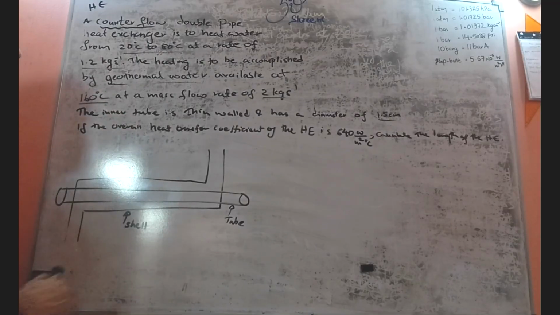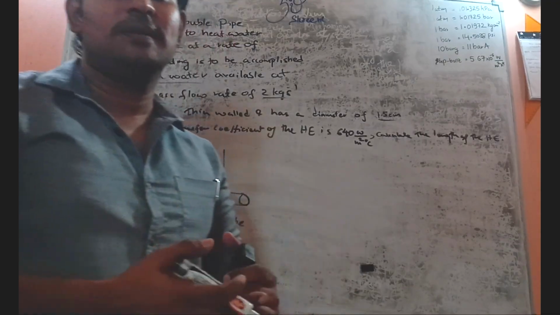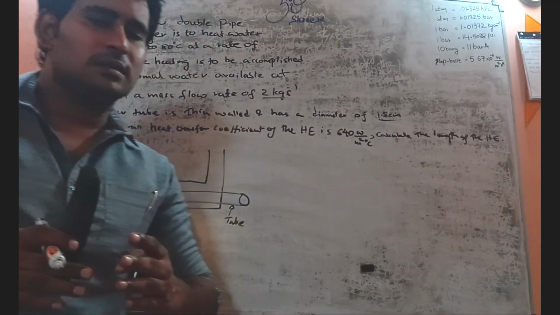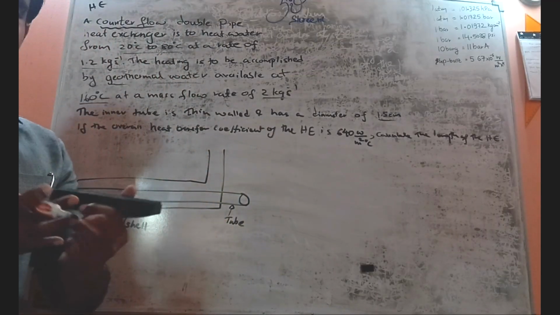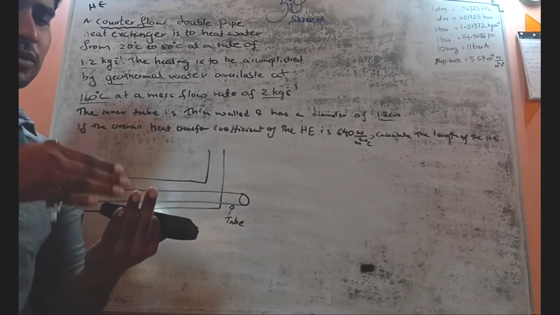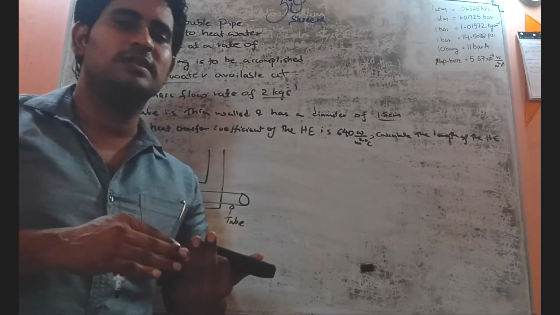Now also it was mentioned that the type of flow that we have is a counter flow. That means if we consider the counter flow, the directions of these two flows are opposite to each other.